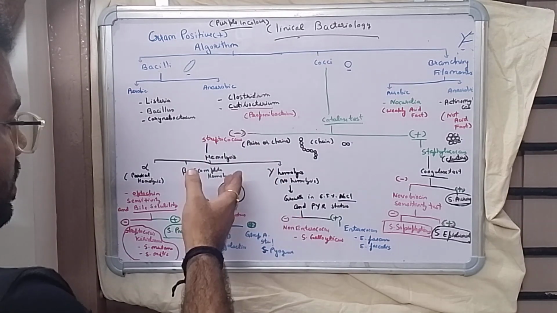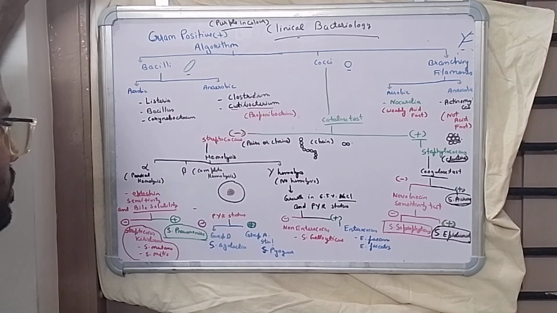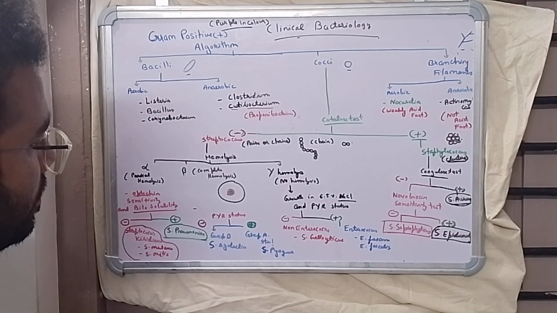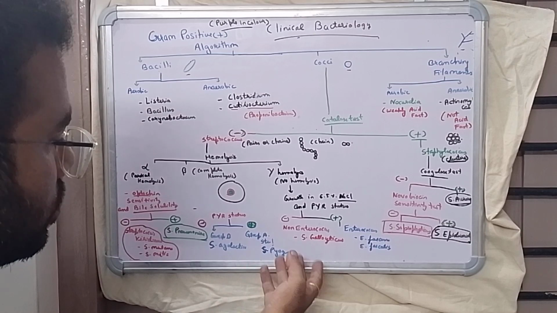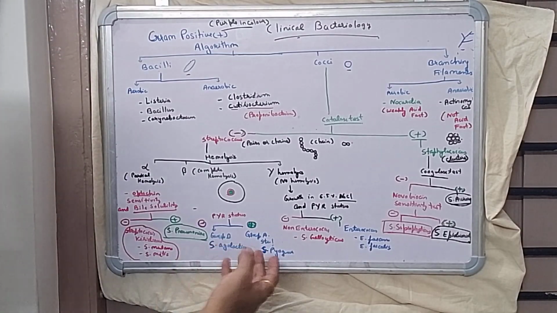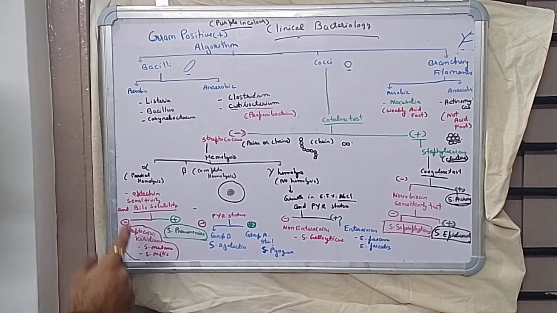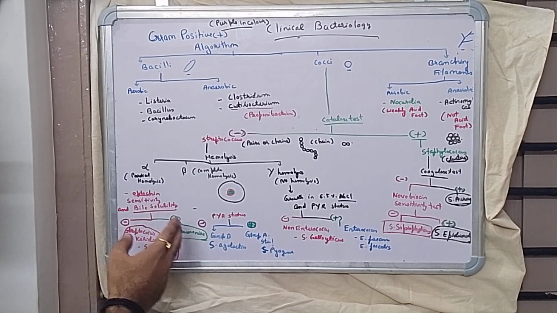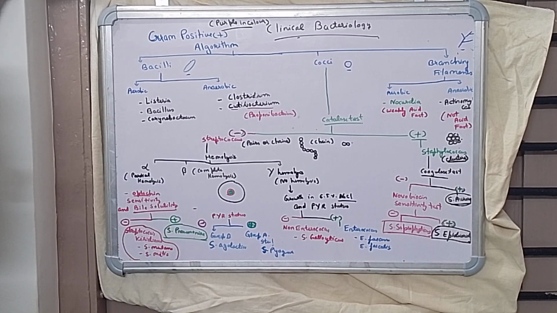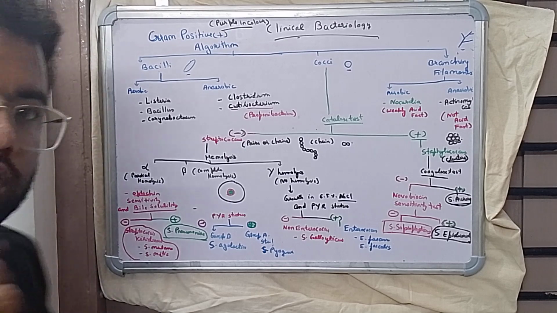In beta, complete hemolysis, there is also a PYR status. If it is positive, then Group A Streptococcus, also called pyogenes, and Group B, S agalactiae. In alpha hemolysis, we do a test of optochin sensitivity and bile solubility. If positive, then S pneumoniae, and if negative, then Streptococcus viridans, S mutans and S mitis.